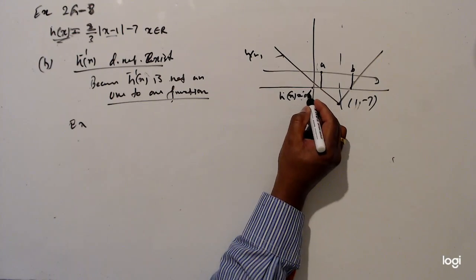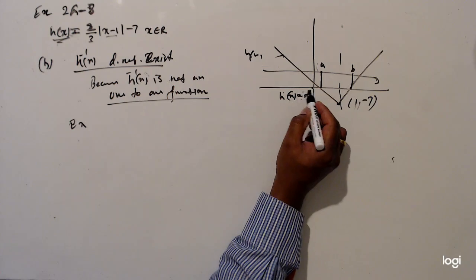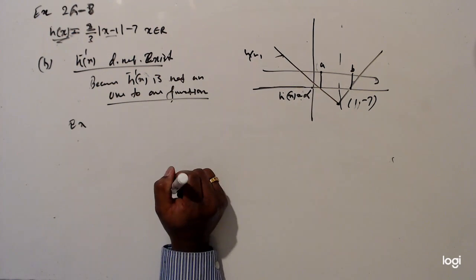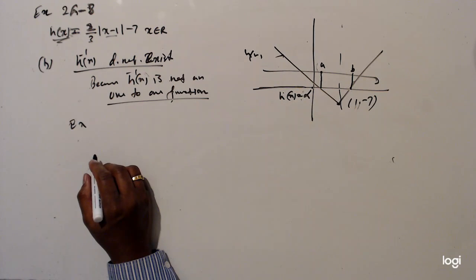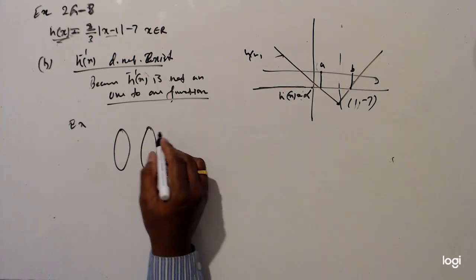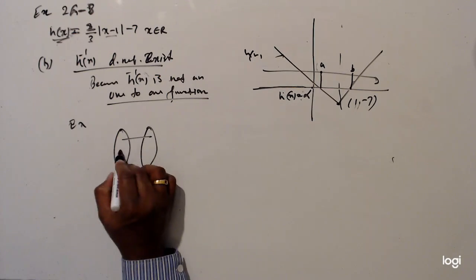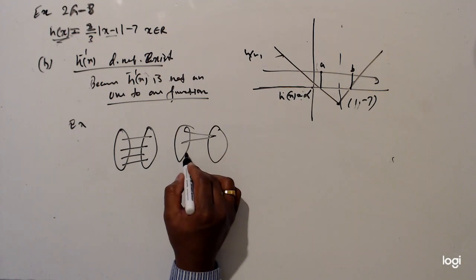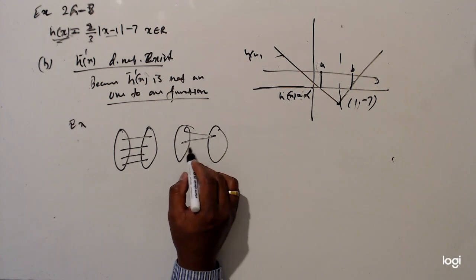Hx equal alpha. This is the hx equal alpha line. Now we know, first of all, a one to one is a function. Many to one is a function.